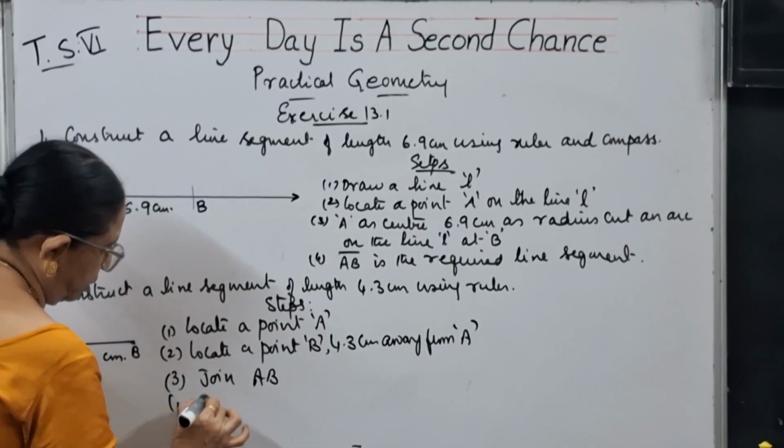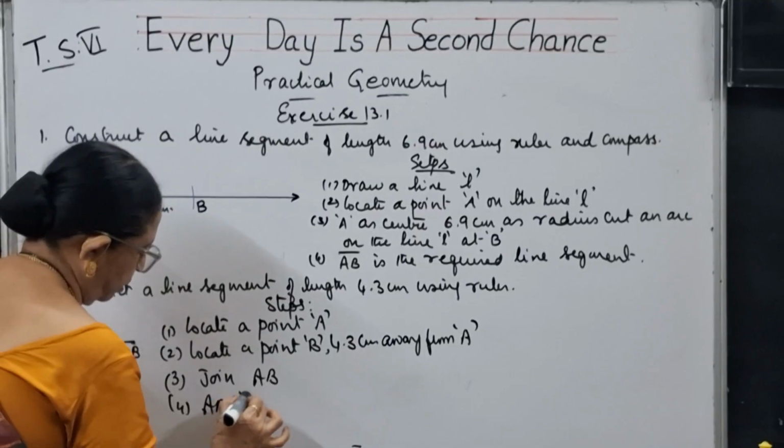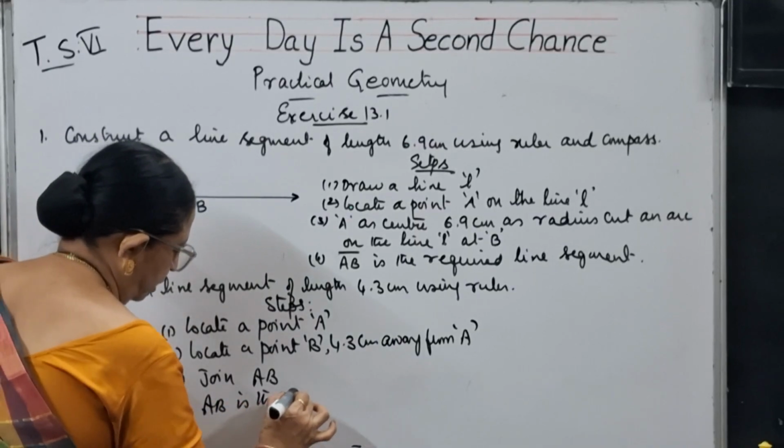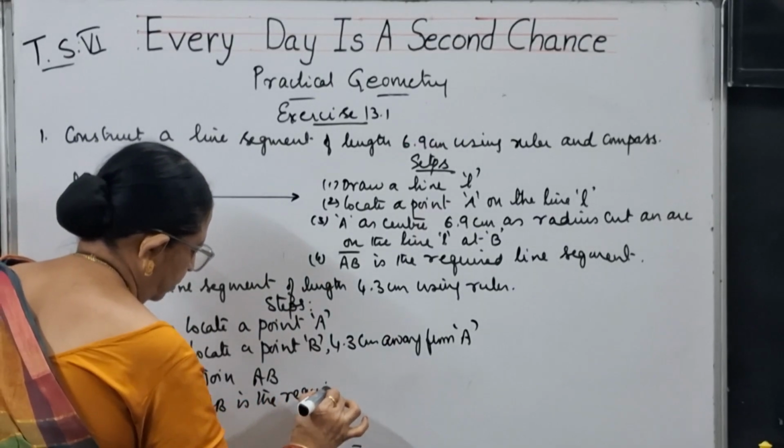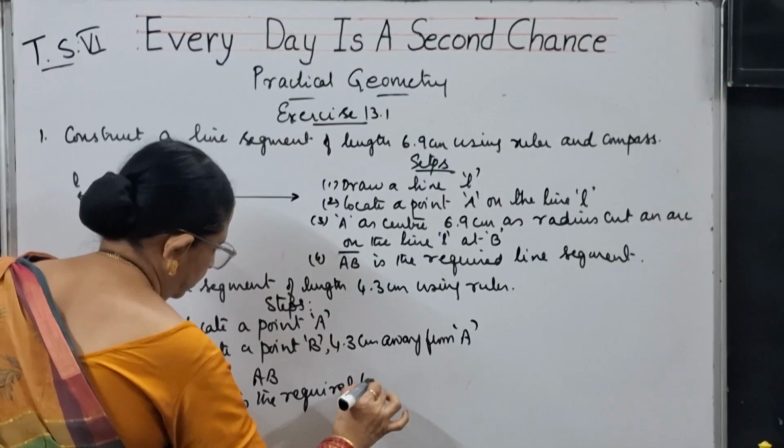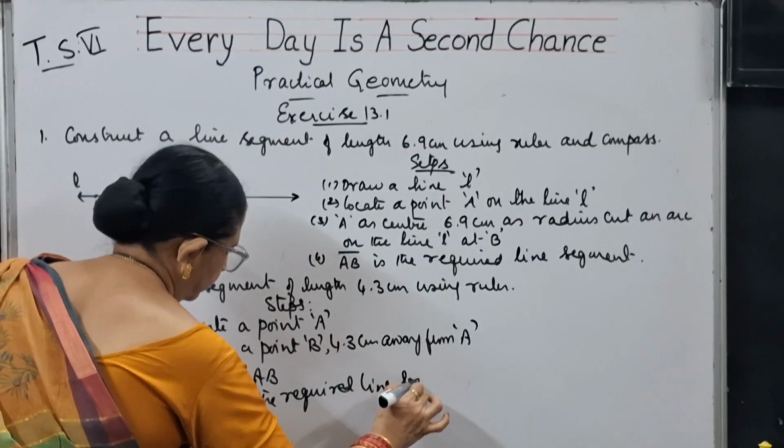And fourth one, AB is the required line segment.